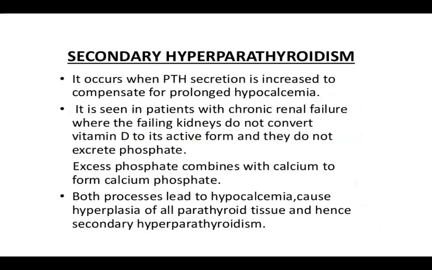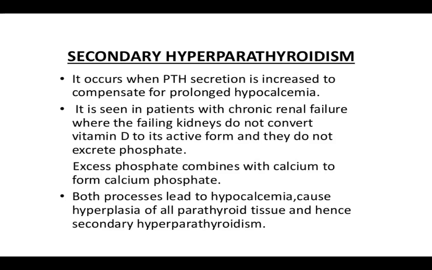So what is secondary hyperparathyroidism? It occurs when parathyroid hormone secretion is increased to compensate for the prolonged hypocalcemia. So how can the hypocalcemia be prolonged? It can be seen in patients with chronic renal failure, where the kidneys are unable to convert vitamin D into its active form.